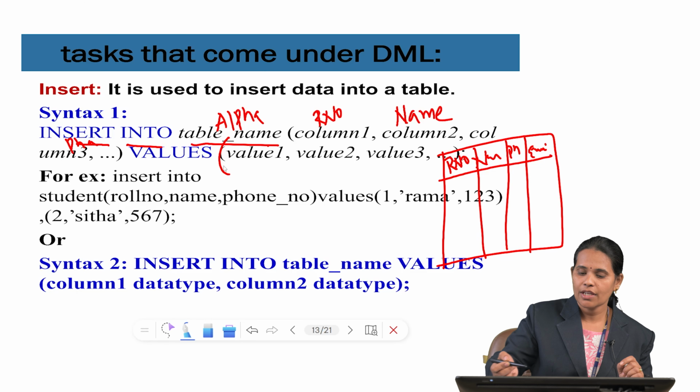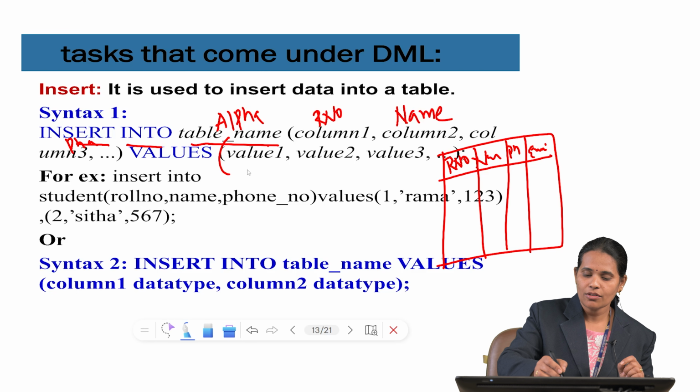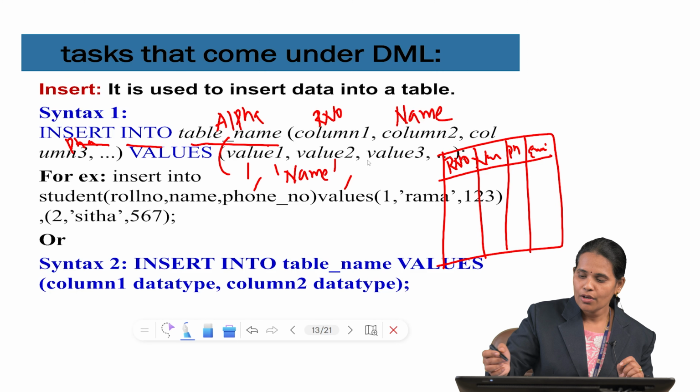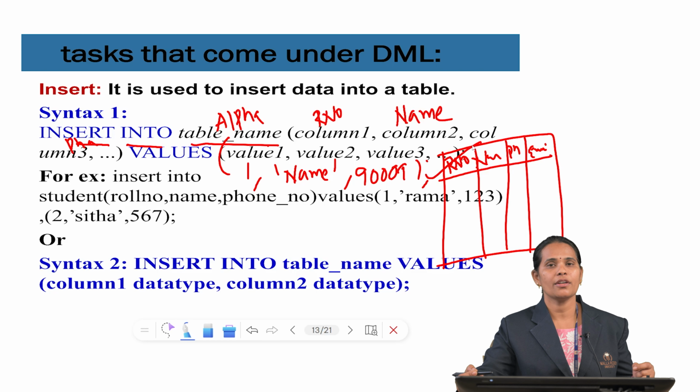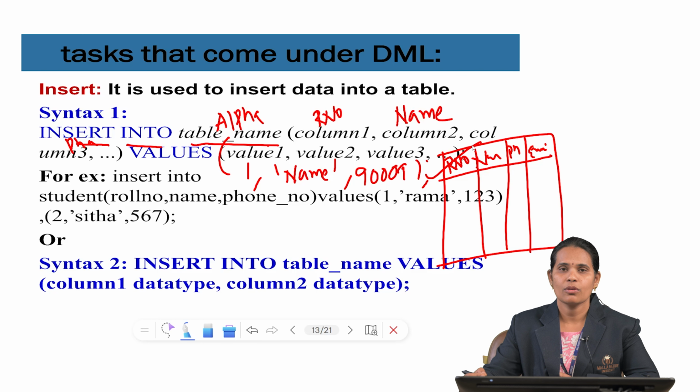Inside the values we need to enter the values: the roll number is 1, the next is the name, and the next is the phone number, and a semicolon. In this way we can insert the record into the table. This is one way to insert the data into the table.